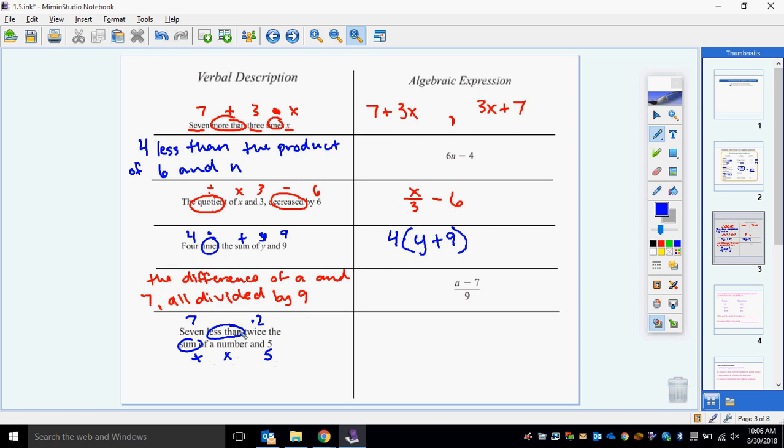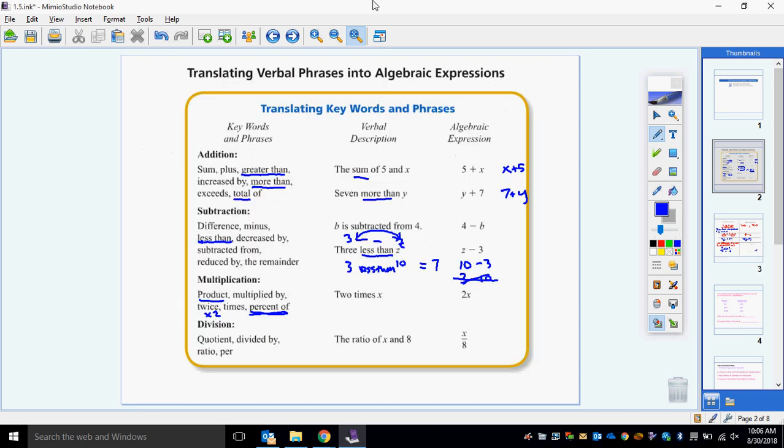Okay, 7 less than. If I see less than, I know that that's subtracting on the back. Just like in this slide, the less than meant 3 less than z means the subtraction had to come in the back.